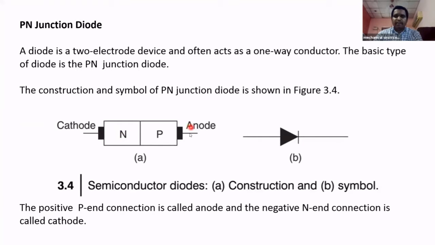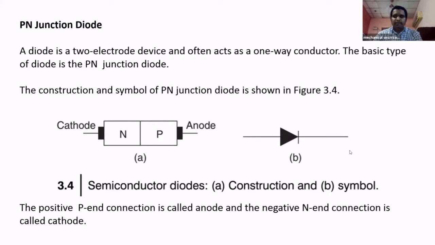The terminal which is connected to the p-type semiconductor material is called the anode. Cathode and anode are the two terminals of the p-n junction diode.